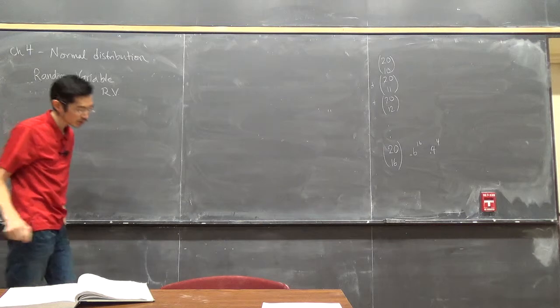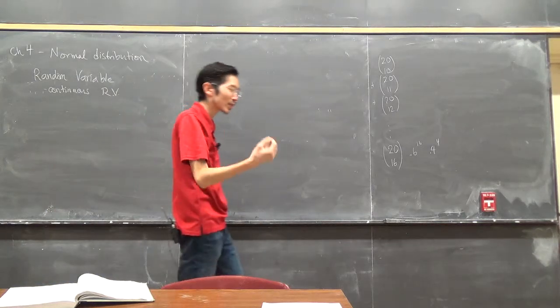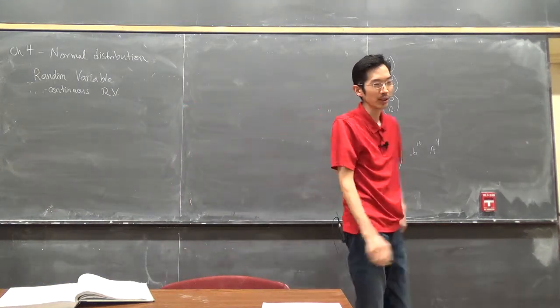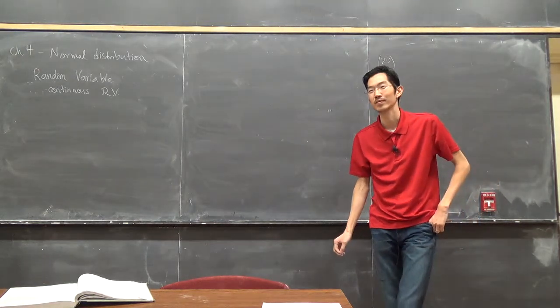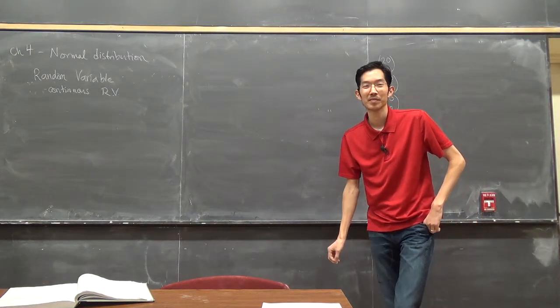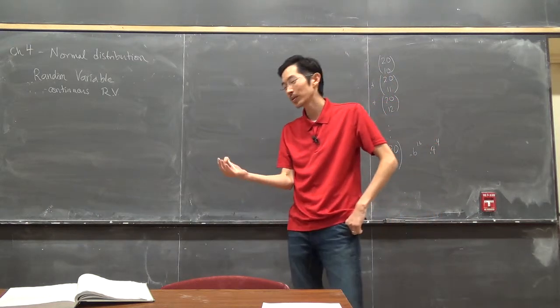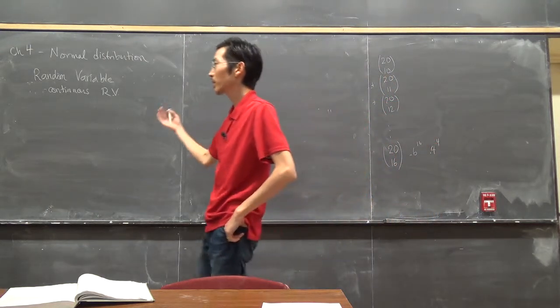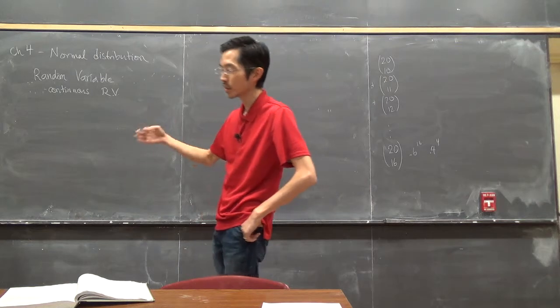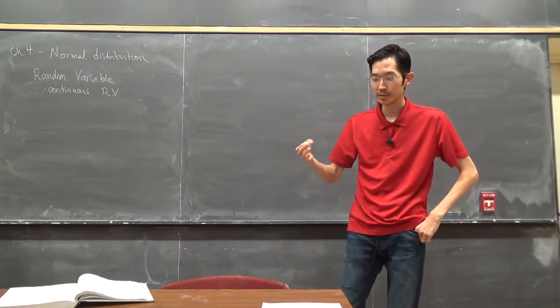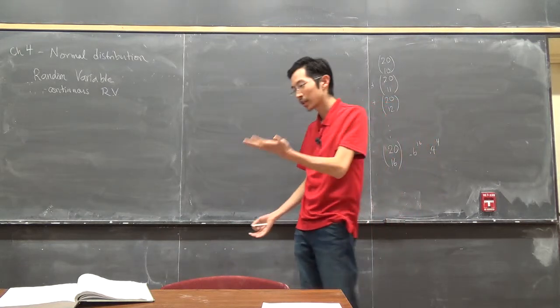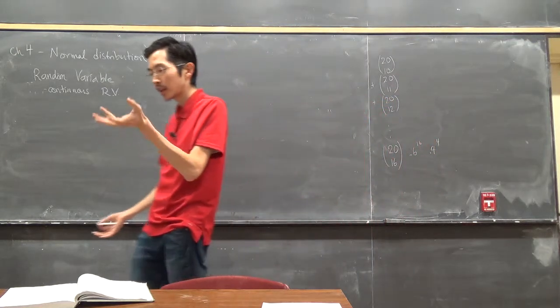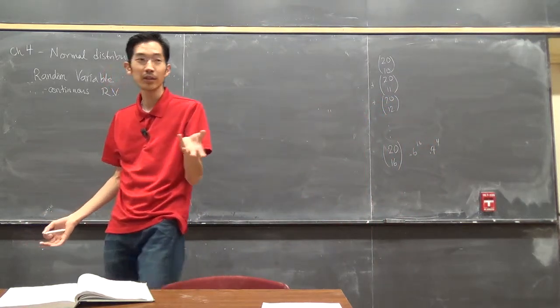Do we remember our definition, or kind of our loose definition of what a random variable is? We said we can call something a random variable if it's the result of a random experiment, and that result is a number.